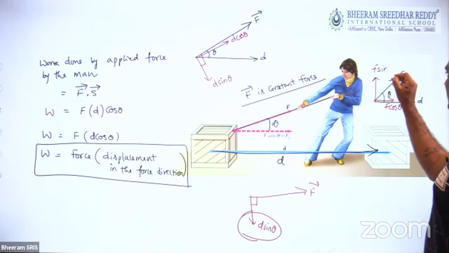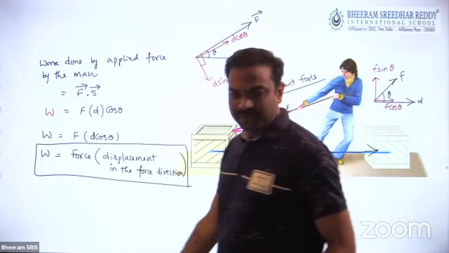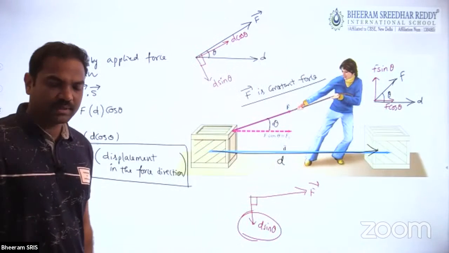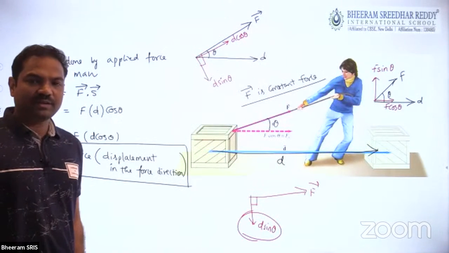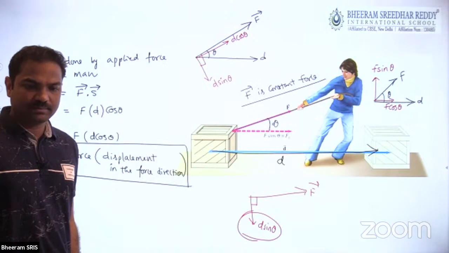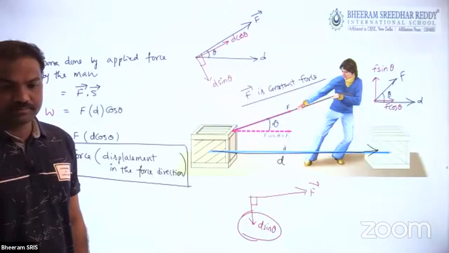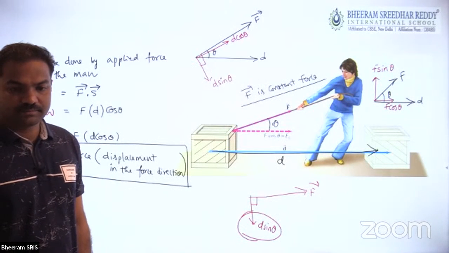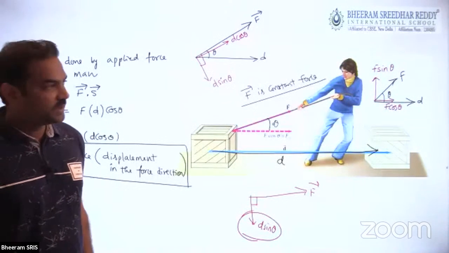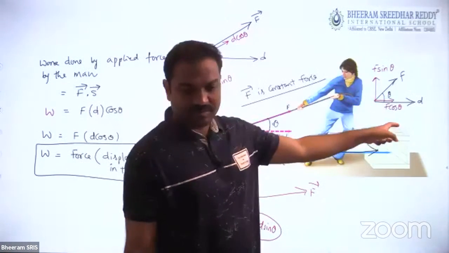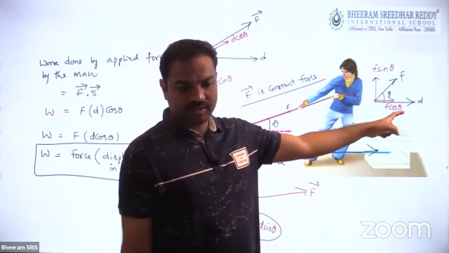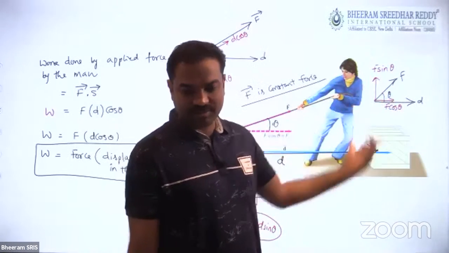Now tell me, which force is not useful for doing work? F sin theta, because F sin theta is perpendicular to displacement. Work done by F sin theta is zero.